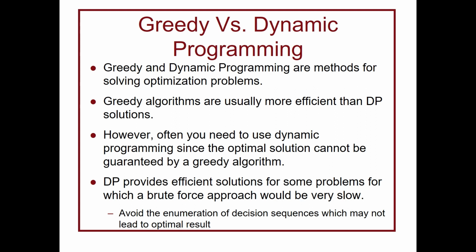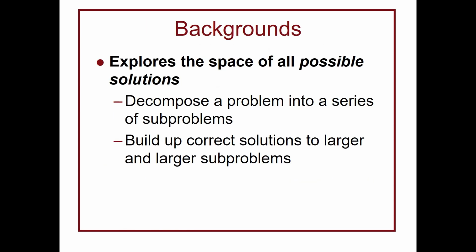Generally, the idea behind dynamic programming is that we try to prune the search space that we have to explore, right? And that pruning actually helps us in devising efficient solutions. So the idea is that we generally explore the space of all the possibilities, all solutions, right?